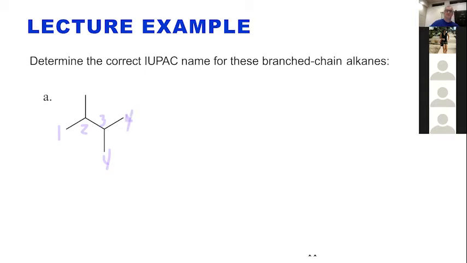One of them is going to be 4. And they're all single bonds. So what is my base name? Butane. Right. So I know I've got a butane here. So where are the substituents?